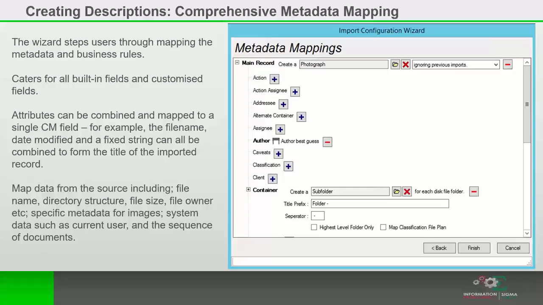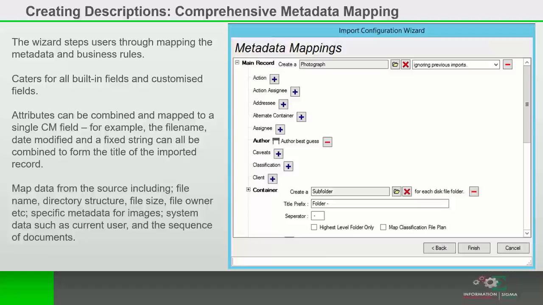The metadata mapping is quite extensive. The wizard will step you through this. Again, it caters for all the inbuilt fields and all of your additional customized fields. You can combine a number of attributes and map them to a single Content Manager field.